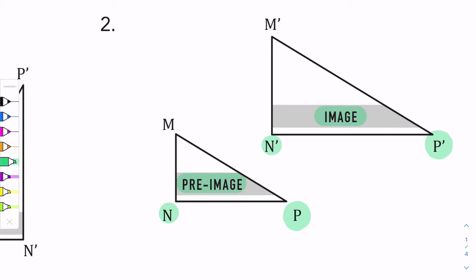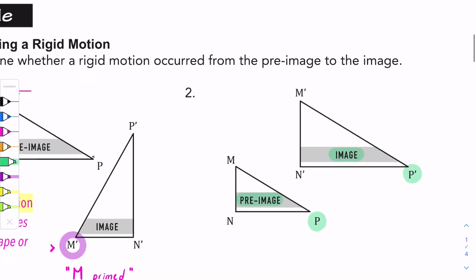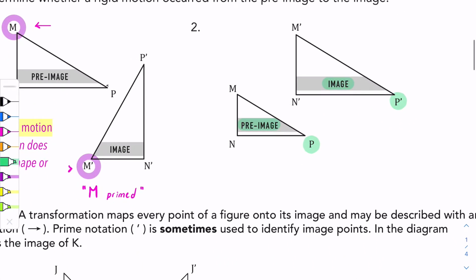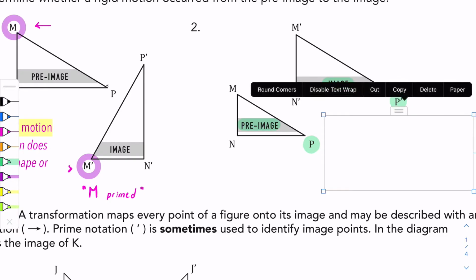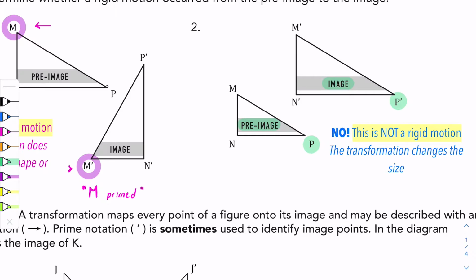So keep that in mind for future problems. I did already use this one as an example to explain number 1, but hopefully you can clearly see that the pre-image is smaller than the image, so we would say this is not a rigid motion. The transformation changes the size of the figure.